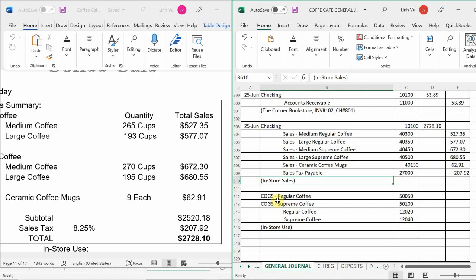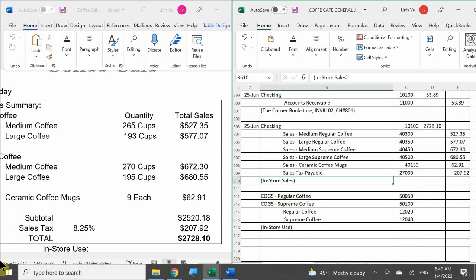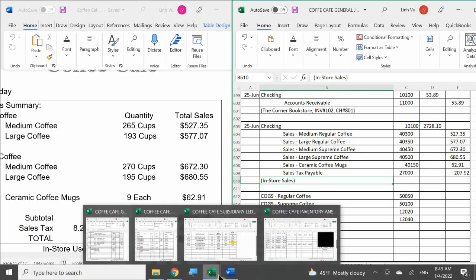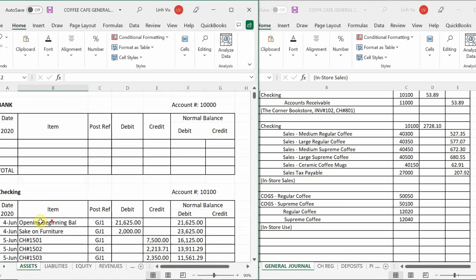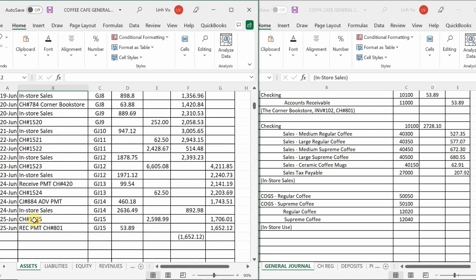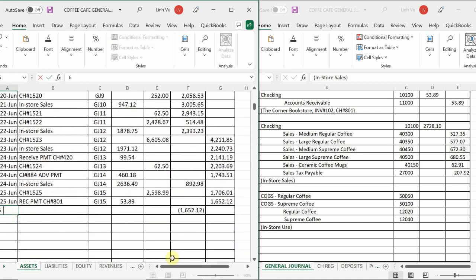What's next? To the general ledger. Okay, we got some in-store sales for 2,728.10. So we're back out of the negatives.